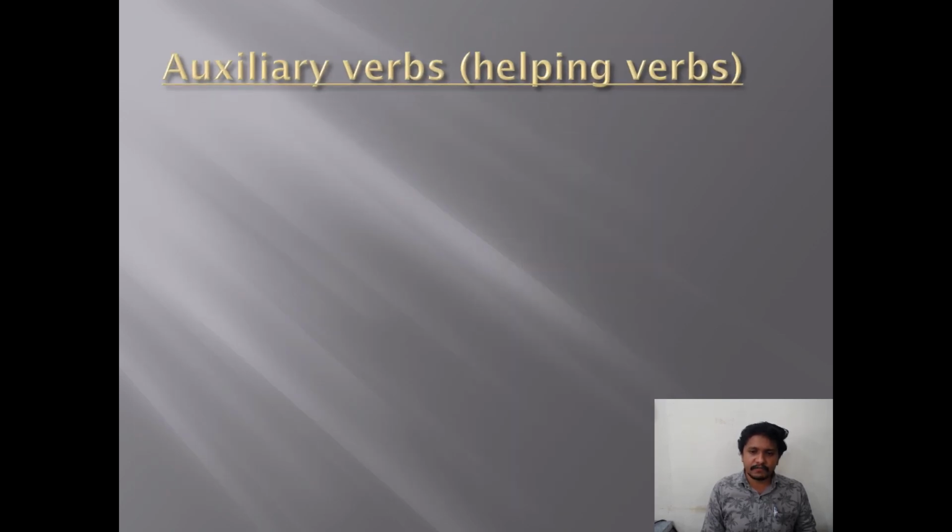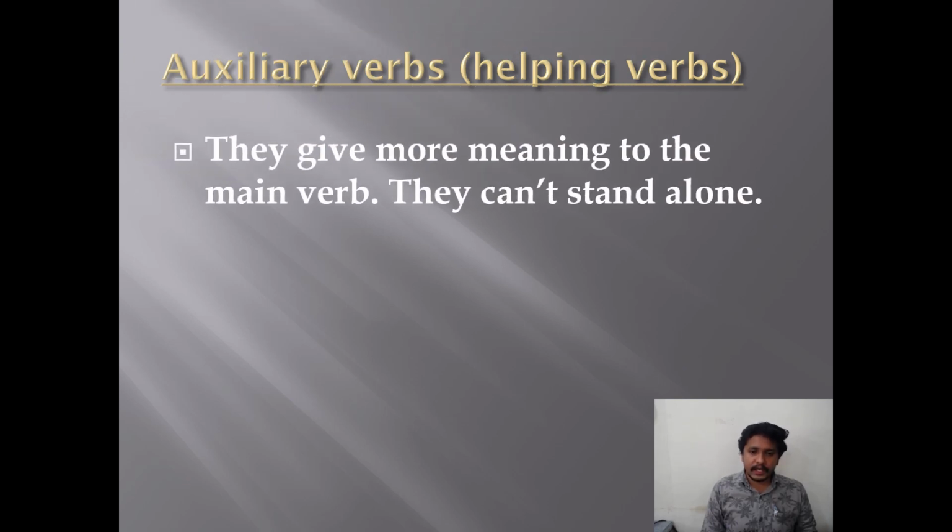Now auxiliary verbs or helping verbs. They give more meaning to the main verb. They can't stand alone. We use auxiliary verbs or helping verbs in a sentence to give support to the main verb. When we use a main verb in a progressive sentence, a helping verb is always needed to support the main verb.